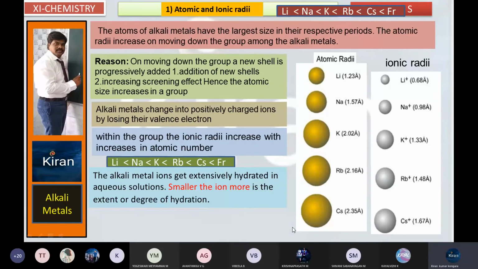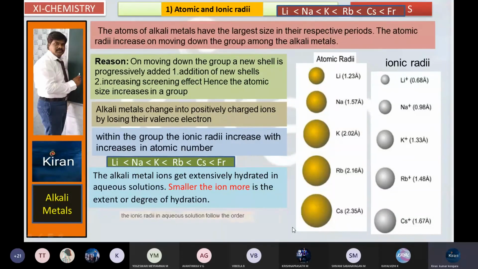The smaller the ion, the more the degree of hydration. When the ionic size is less, it holds more water molecules, hence releases more heat energy. While holding the water molecules, some heat is released. That heat is termed hydration enthalpy or hydration energy. This we already discussed yesterday.